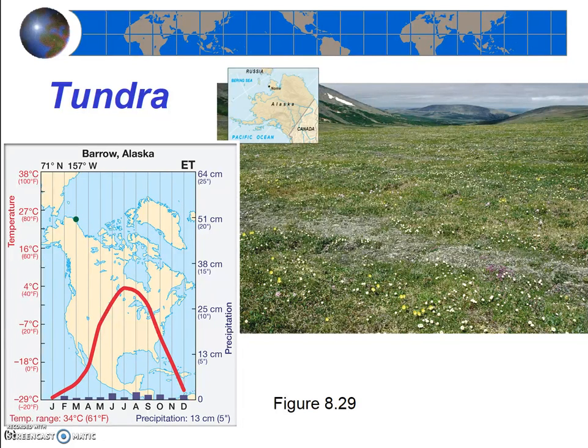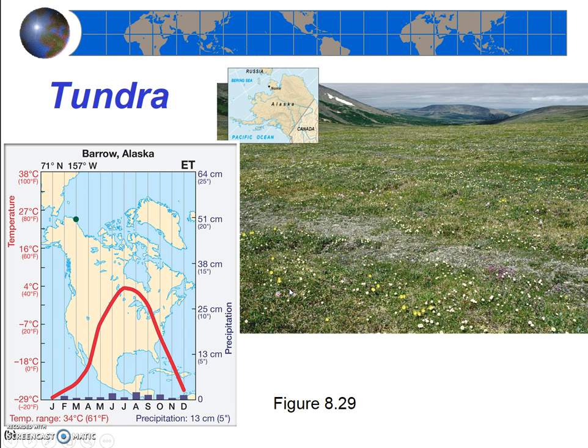In the tundra, there's 1 to 4 months above freezing. You can see that on the climograph. If you get to where freezing is, somewhere around 32 Fahrenheit, 0 C, you can see 1 to 4 months are above freezing. So liquid water is available for plant growth, and indeed, you do have low-lying plants.